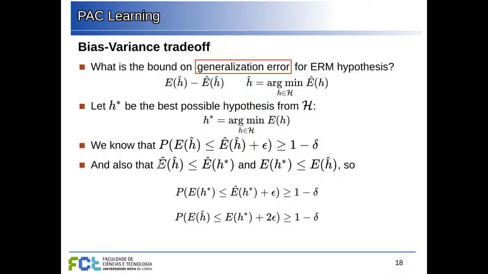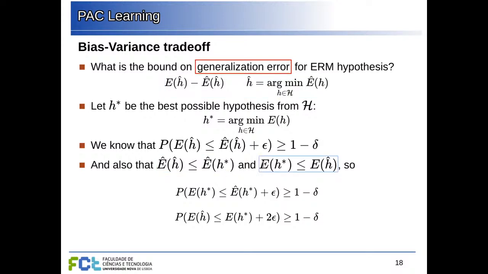We also know that the empirical error of the hypothesis the learner gave us cannot be larger than the empirical error of the best hypothesis. Otherwise, if the best hypothesis had a lower empirical error, we would have found it when we minimized the empirical error.